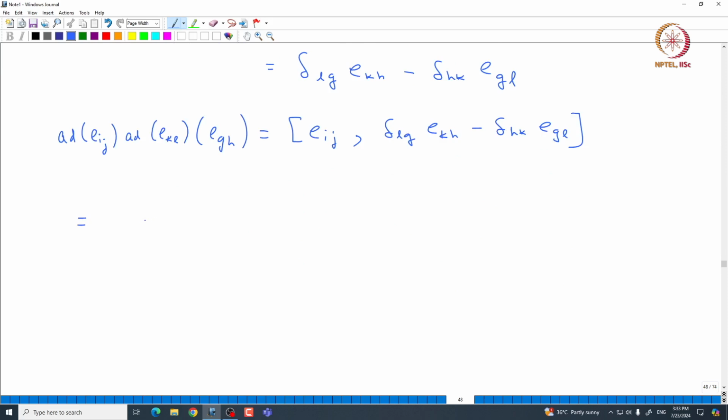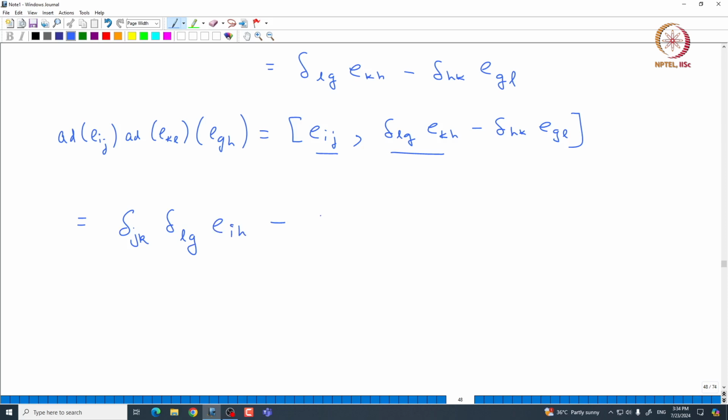So, let me just write it down. First you multiply this with this, then you get delta_jk, delta_lg, and then E_ih.